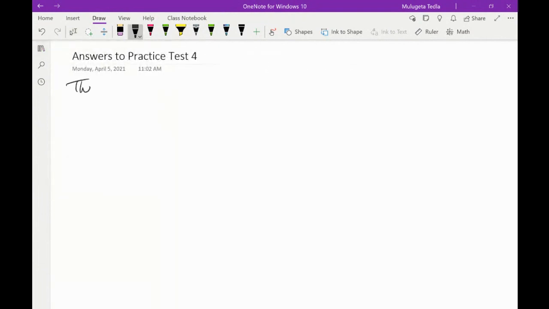The test covers, or rather, test 4 covers sections 20.5, 21.1, 27.1 up to 27.4. 5 sections.